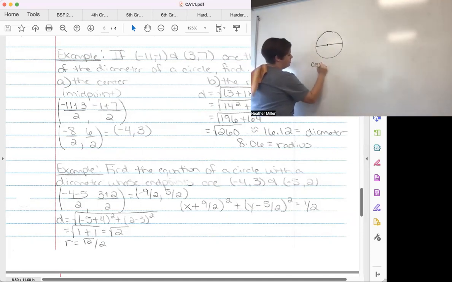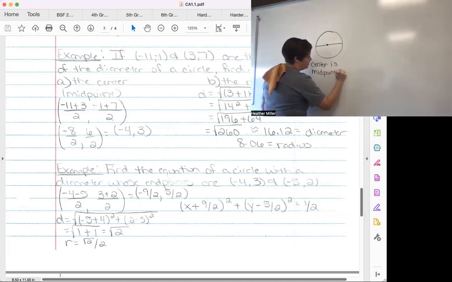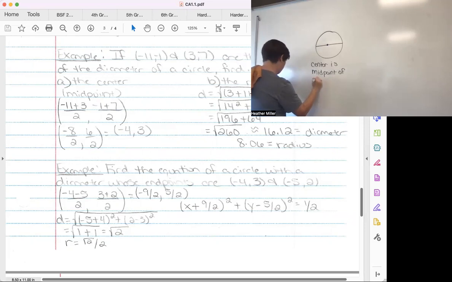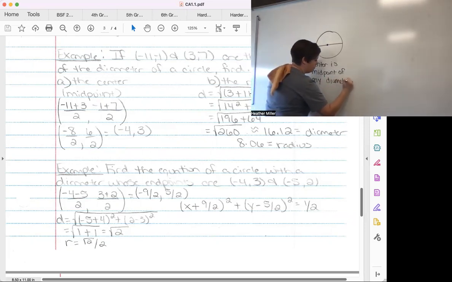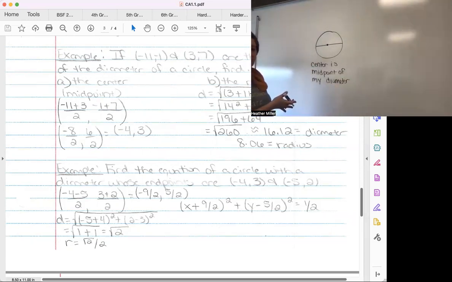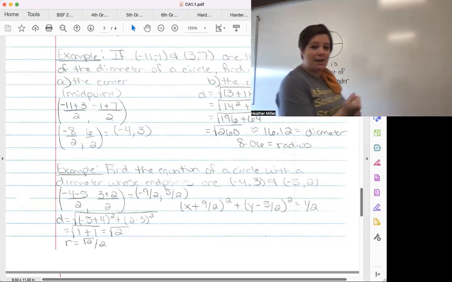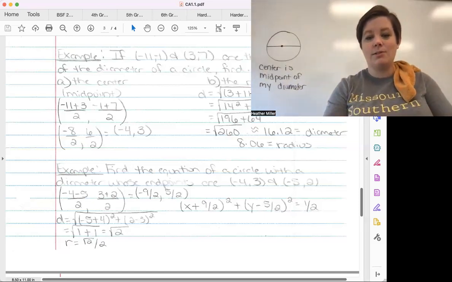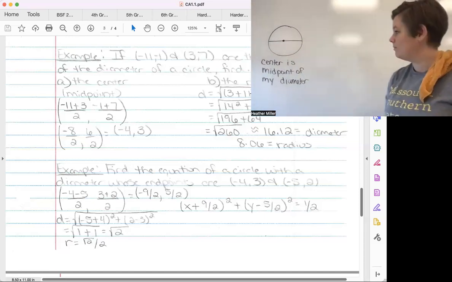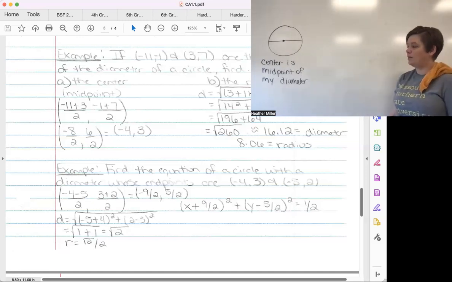So center is midpoint of my diameter. That's good to note, because if we are being asked to find the center of the line segment that is the diameter, then we're just finding the midpoint. So center is the midpoint of the diameter.